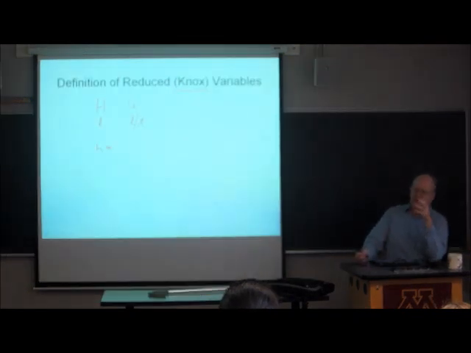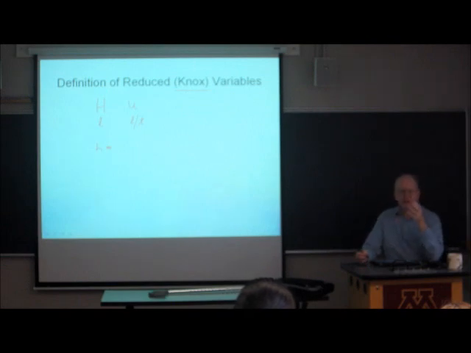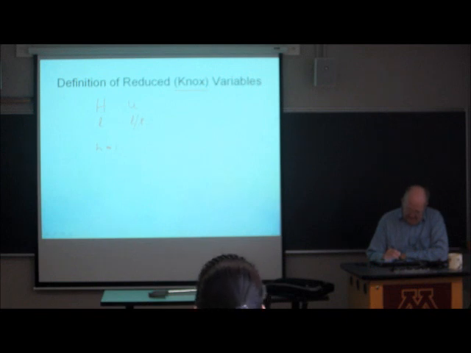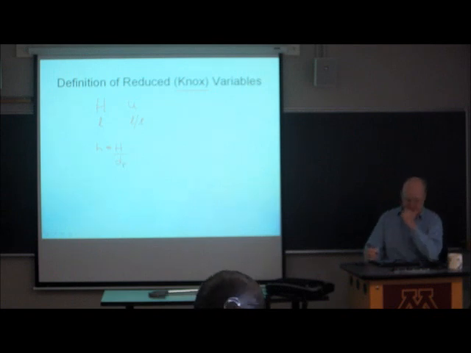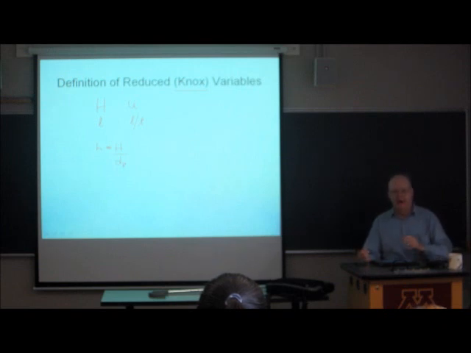If you're dealing with a column that is packed with particles, little h is defined as the HETP relative to the particle diameter. Particle diameter has units of length. HETP has units of length. So the reduced plate height is dimensionless.